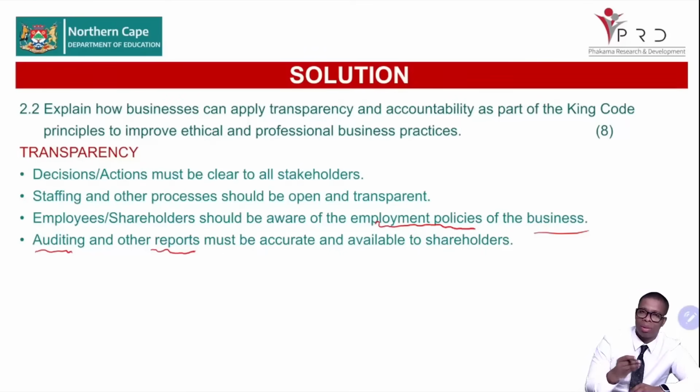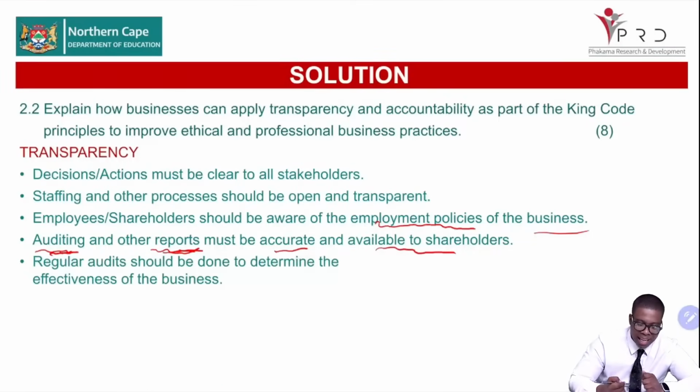So it is a process that is used to check that there is no fraud taking place in terms of the activities of the business. And other reports. So basically the audit and other reports must be accurate and available to shareholders. Then regular audits should be done to determine the effectiveness of the business. So the business should do regular audits to ensure effectiveness.